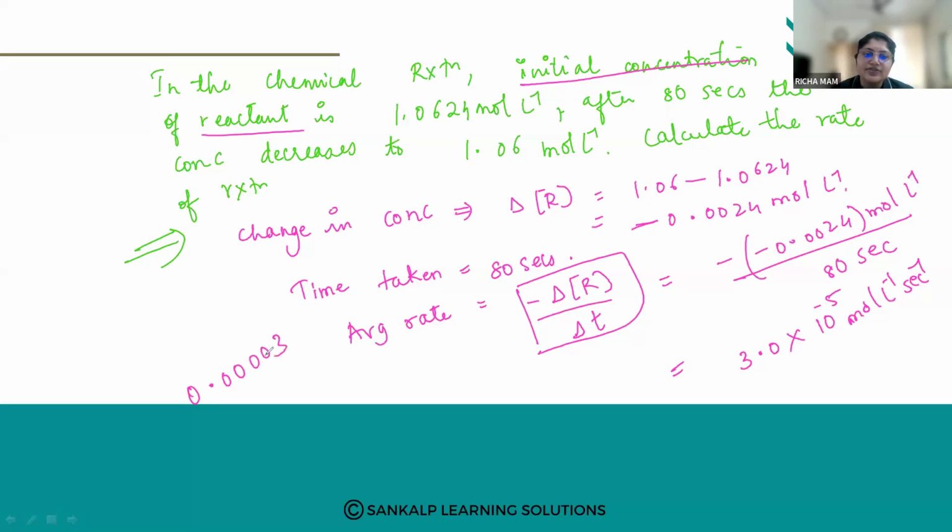If I shift the decimal 1, 2, 3, 4, 5 places, it will be 10 raised to minus 5. Got it? Like this, we are going to find it.